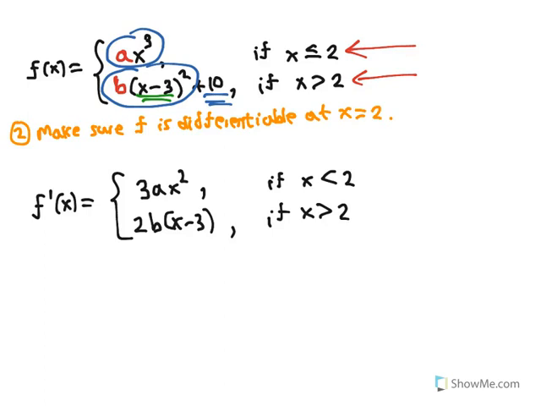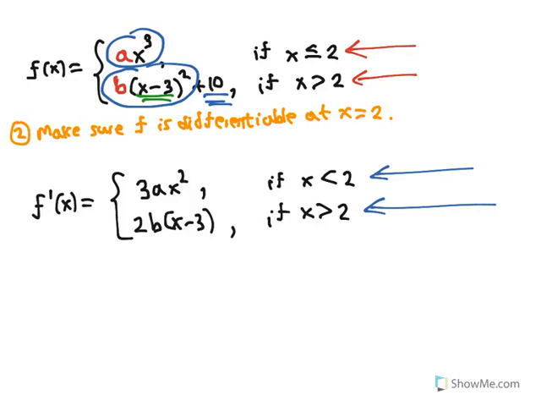So how do we make sure that the function f is differentiable at x is equal to 2? We've got to make sure that the left-sided derivative at x is equal to 2 will be equal to the right-sided derivative at x is equal to 2.